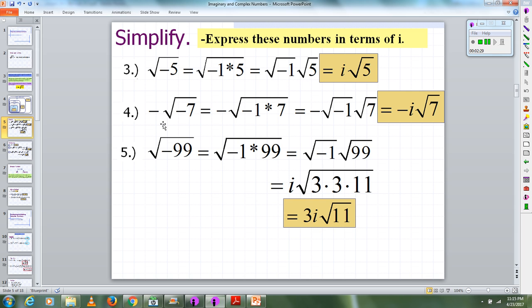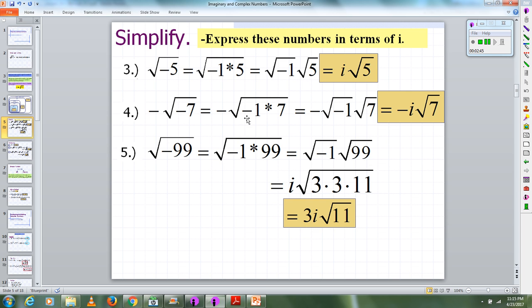Look at the next example: negative square root of -7. Don't forget that the negative in front of your square root will stay the same. Inside the square root you have -7. You can write it as two factors, -1 times 7.